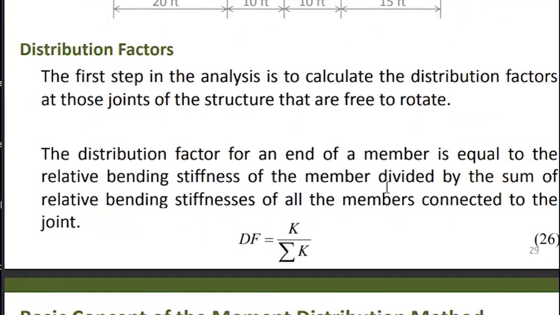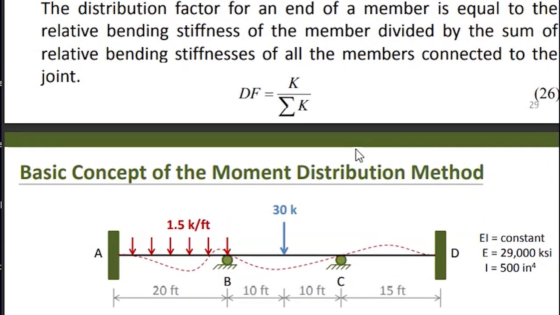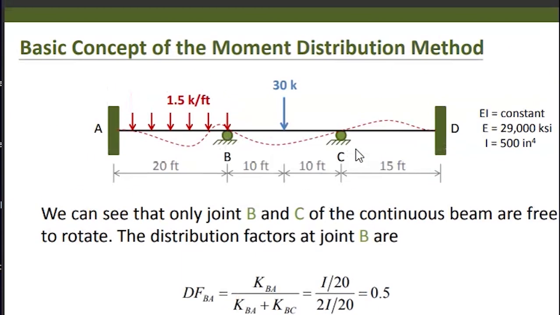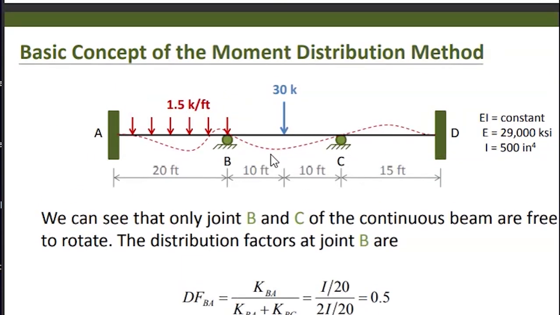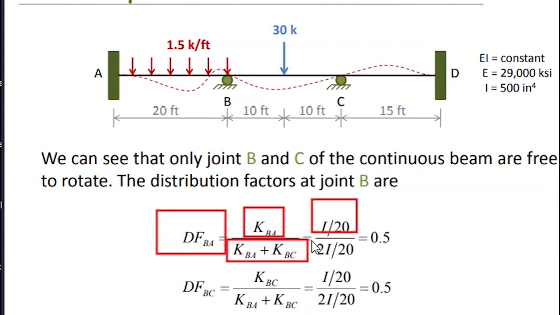Now let's find the distribution factor with its respective length. To find the distribution factor with the respective length, we consider the span of the length from one joint to another. Consider the span BA, in which the distribution factor is given by this formula, and the value calculated here is this value.